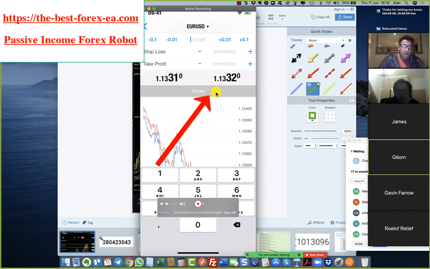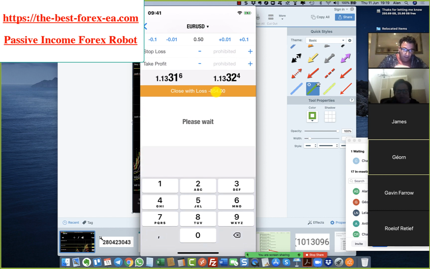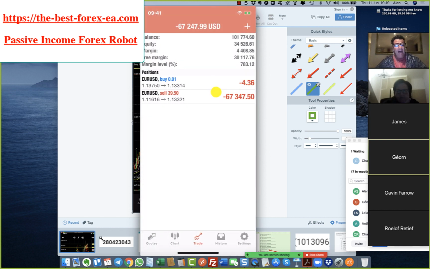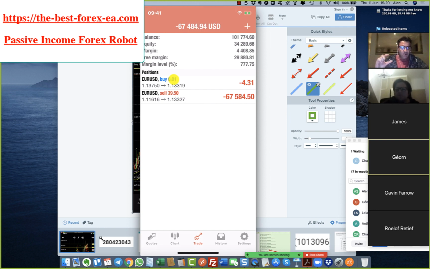So $1 is $17, so it's 0.5, which is $8. You're going to close $8 on the sell and $8 on the buy. Your hedge will be exactly the same, but both the buy and the sell will now be 39.50. So you're starting to reduce your hedge.